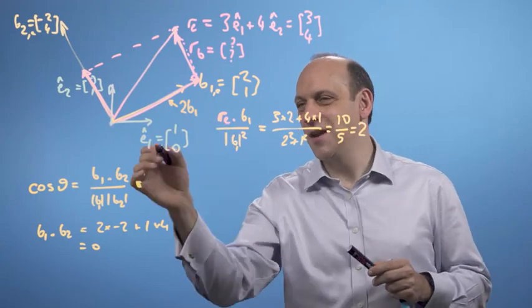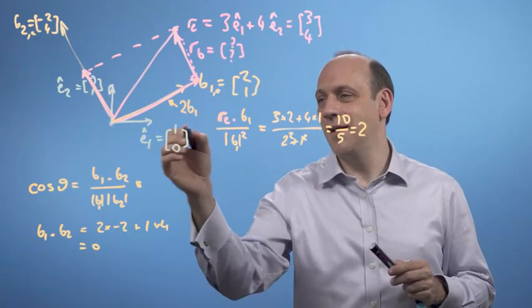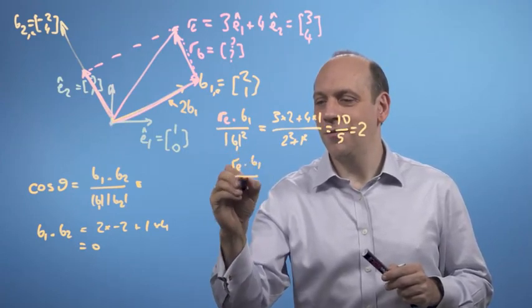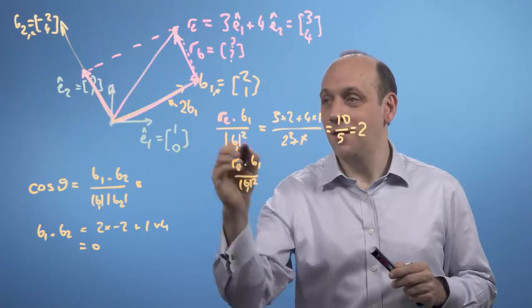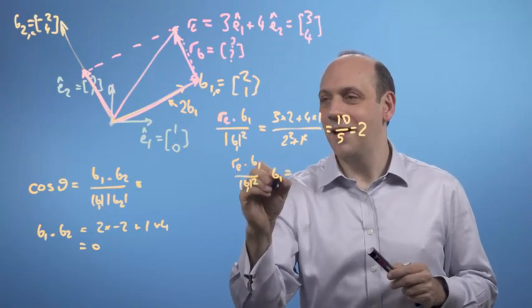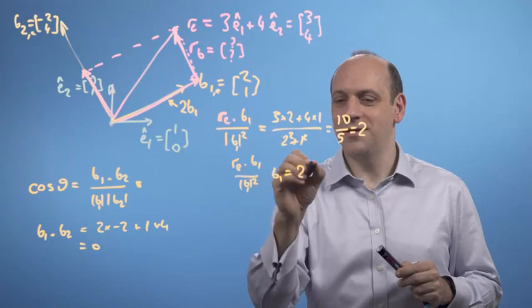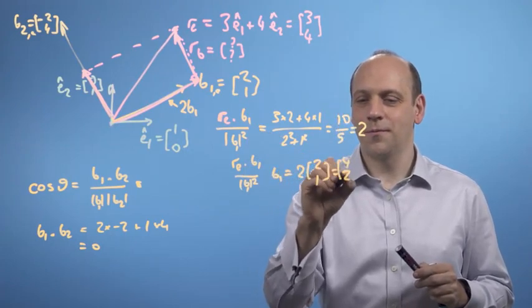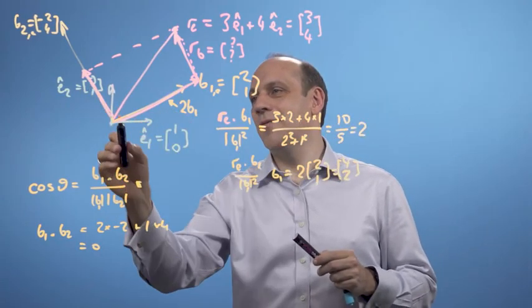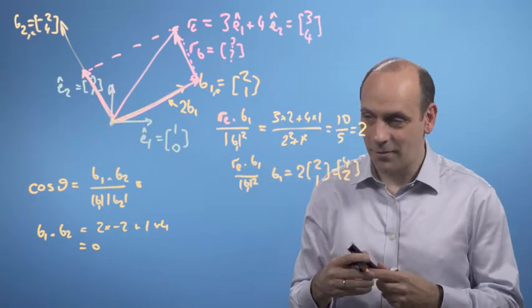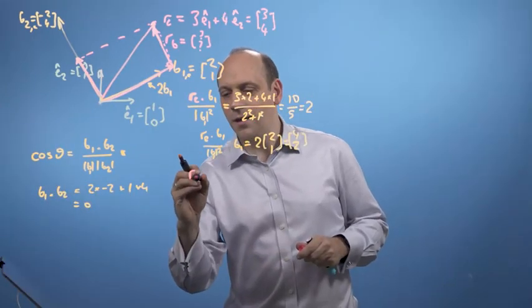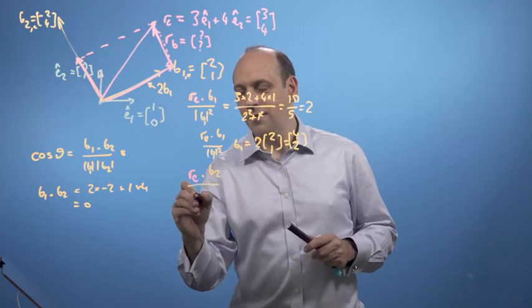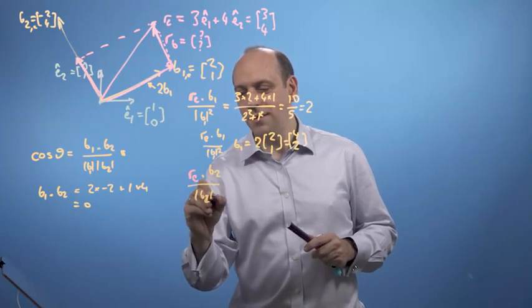So that is, in terms of the original set of vectors E, R_E dot B1 over B1 squared times B1, which is 2 times the vector 2, 1, which is the vector 4, 2. And I can now do this projection onto B2, so I can do R_E dotted with B2 and divide by the length of B2 squared.